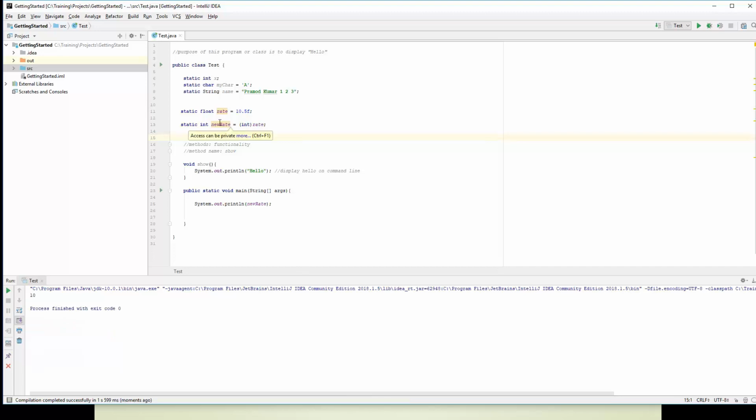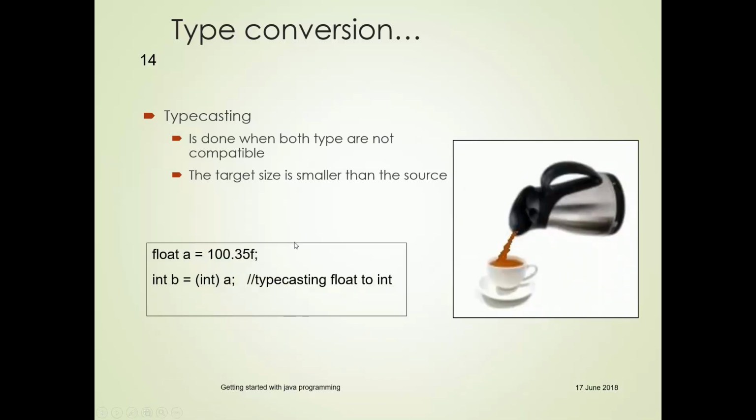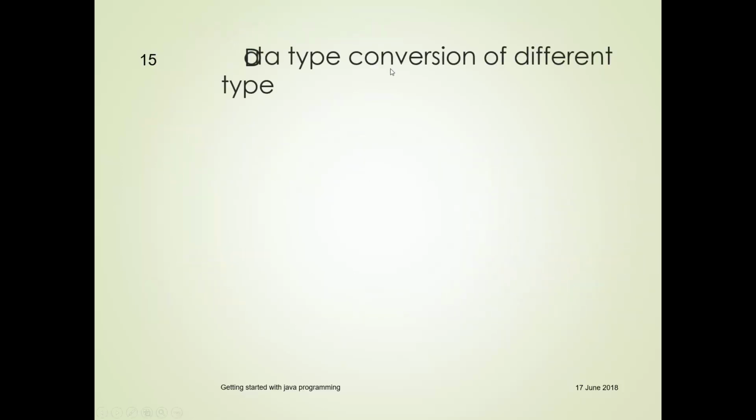Now see, this new rate is showing 10, but actually the rate is 10.5. The same rate I have assigned to this int, but it is not showing the 0.5 value. Why? Because it will not allow storing the decimal part, but forcefully I have converted. So this will happen if you try to store a large value into a small value. You have to do it by typecasting, but there are chances of losing some data. Okay, fine.